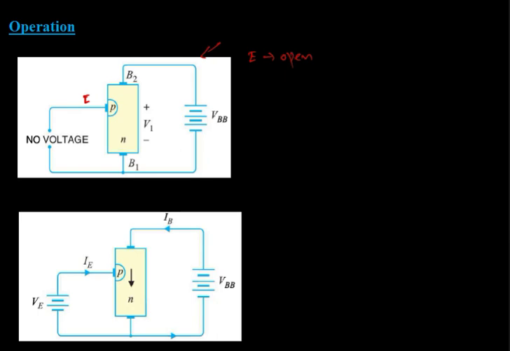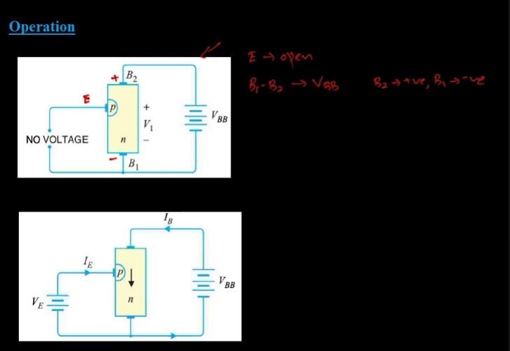Here, across the emitter junction no voltage is applied, and across the two base terminals B1 and B2 a voltage VBB is connected with B2 as positive and B1 as negative. So here the polarity is plus and here the polarity is minus, and there is no voltage across the emitter terminal.